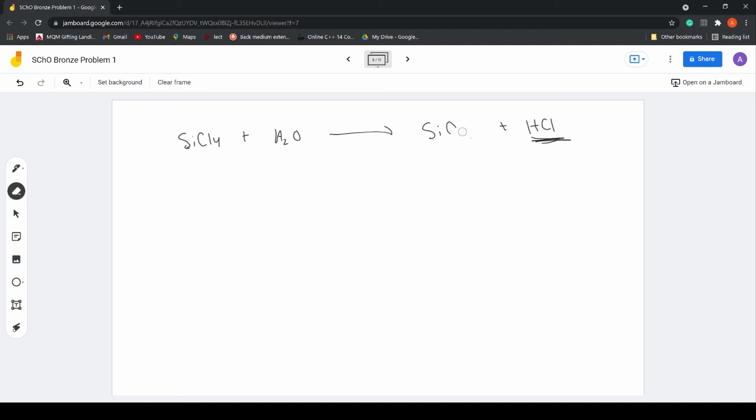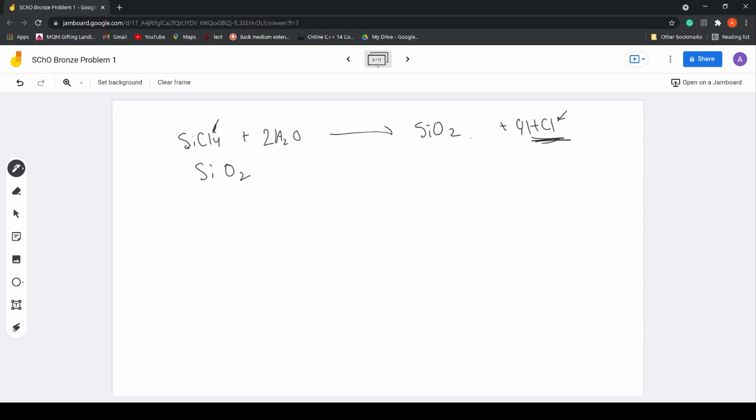I'll take the SiO2 out, and let's balance what we think. We need 4 HCl's because we have 4 chlorines and 4 chlorines. We need now 2 H2O's because we need 4 H's on both sides. And that leaves us with 1 silicon and 2 oxygens unaccounted for. So we need our SiO2.